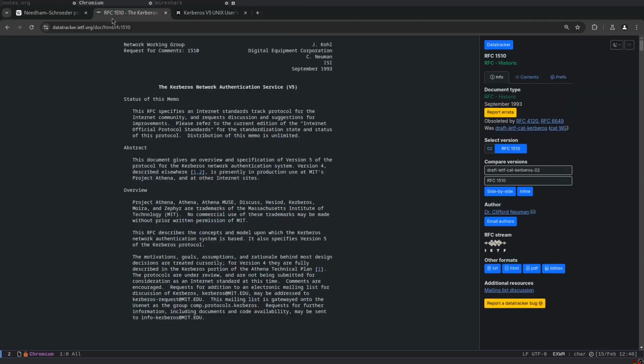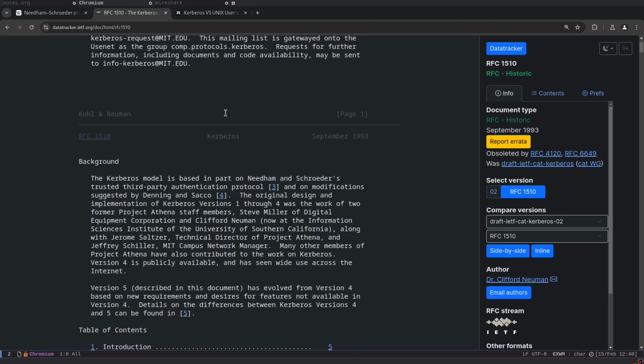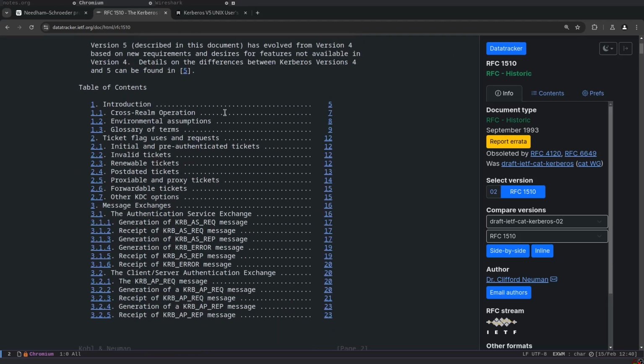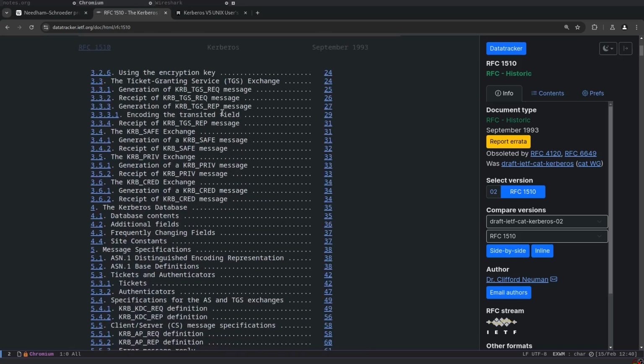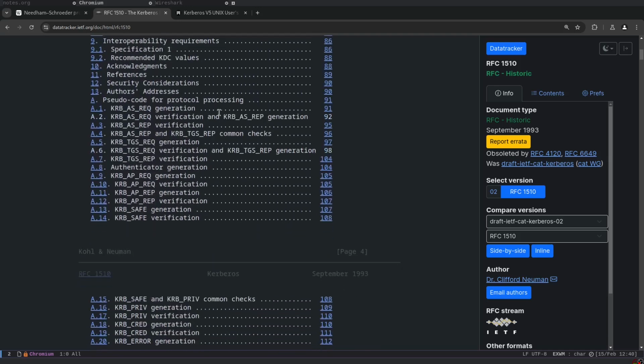Then you can find the official RFC, which defines the Kerberos protocol version 5, so the Kerberos Network Authentication Service. And in this document, essentially, you will find all the details of the protocol. It is very long, it is very dense, but it is very useful if you have a specific doubt.